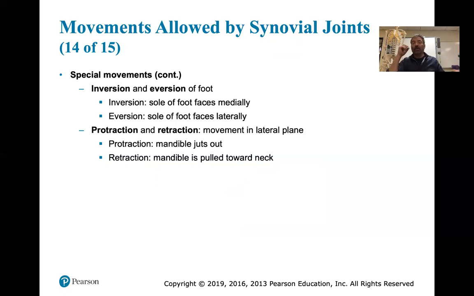Protraction and retraction. All right, so you can do that with your jaw, or you can actually do it with your head. A lot of us have forward head carriage. So if you're at a traffic light or whatever, instead of checking your Instagram or Twitter account, which I see a lot of people doing, just bring your head into retraction.